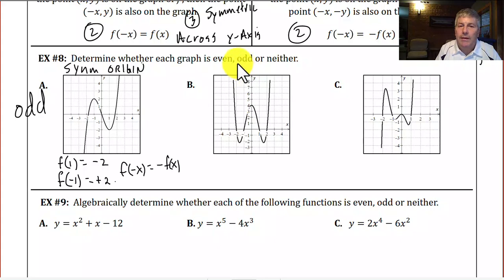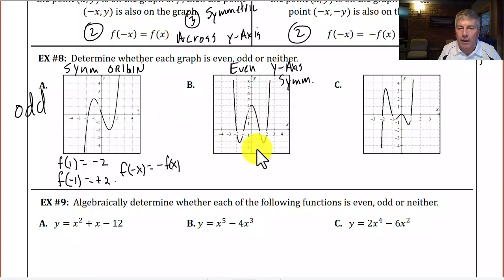In problem B, what kind of symmetry does this have? Well, this is symmetrical across the y-axis. So this is going to be an even function. Algebraically, we would say that f of the opposite of x equals f of x.